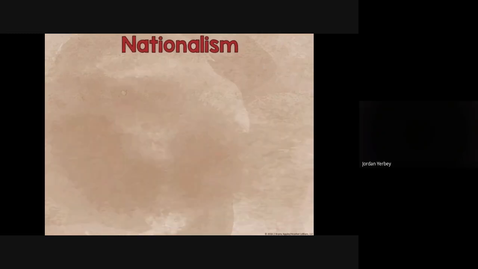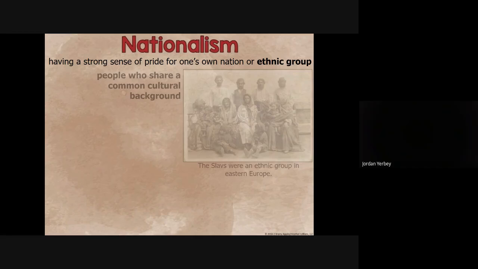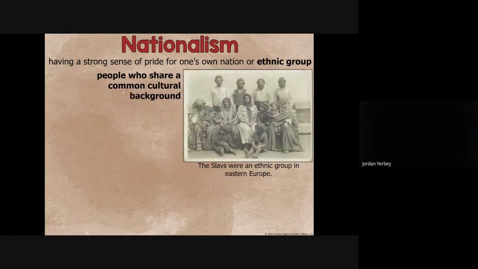The last one we're going to talk about is nationalism, having a strong sense of pride for one's nation or ethnic group. People who shared a common culture, background, or history. The Slavs were an ethnic group in Eastern Europe, and they would have been very nationalistic. Many Europeans did feel that their group or their nation was superior to others.